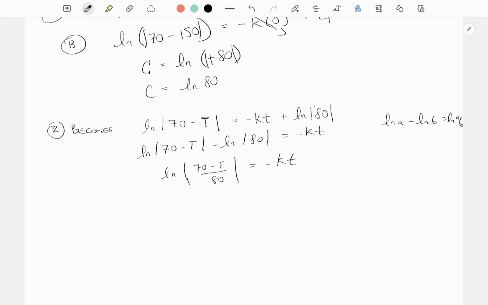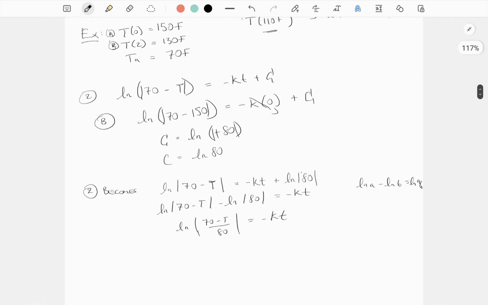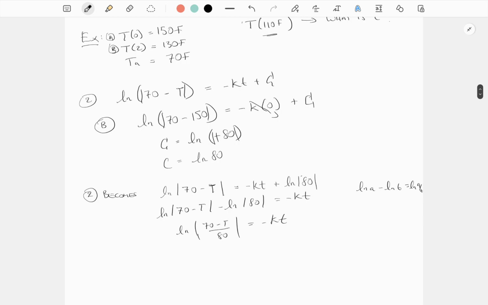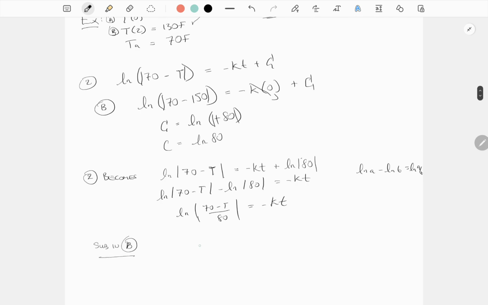Awesome, we're making some good progress. Now we need to use the second data point. We've subbed in the 150, and that got us C. Now we have to sub in 130 when time equals 2 to get K. So when T equals 2, temperature is 130.